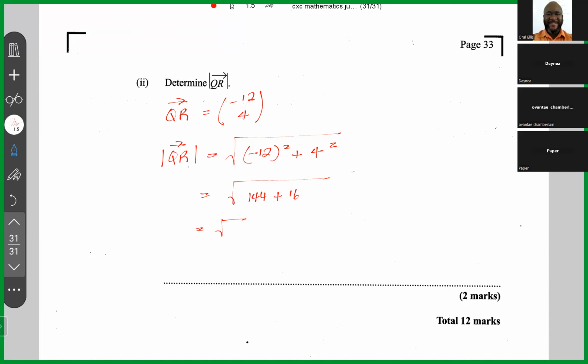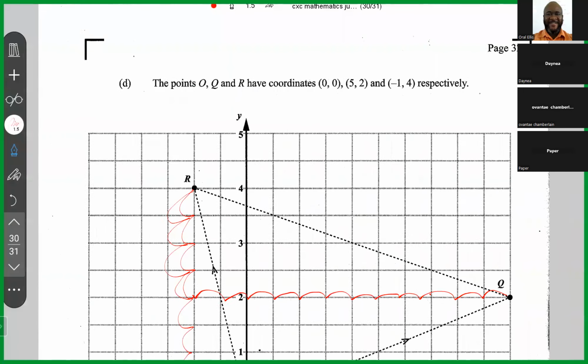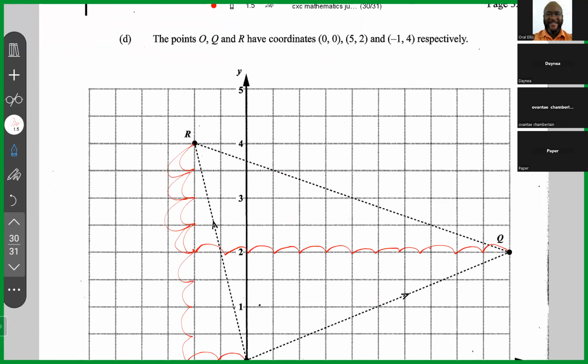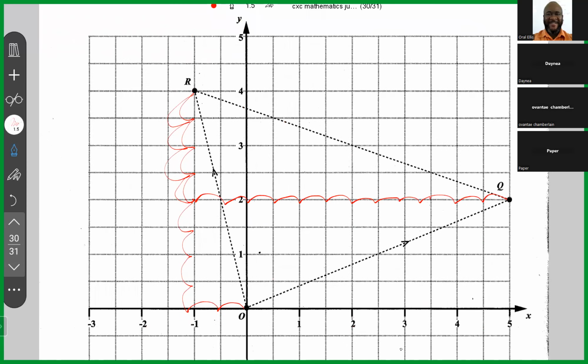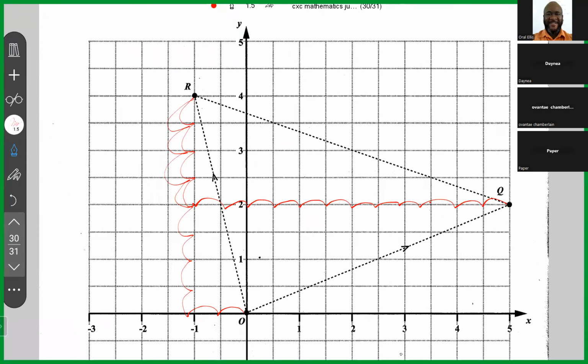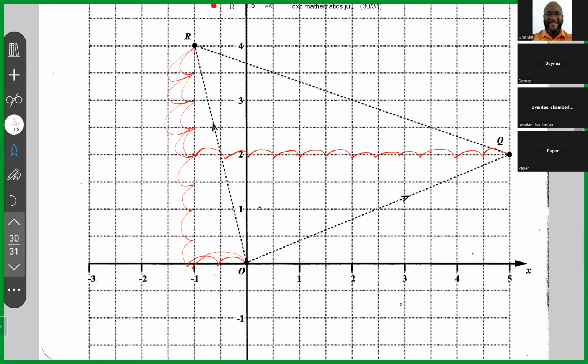All right, did I do something wrong? QR. When you're tired and don't have anybody to say you've made a mistake.